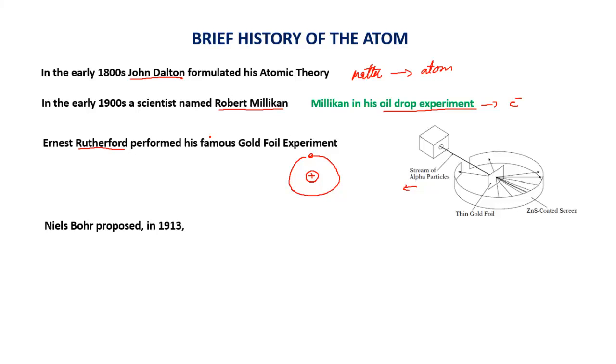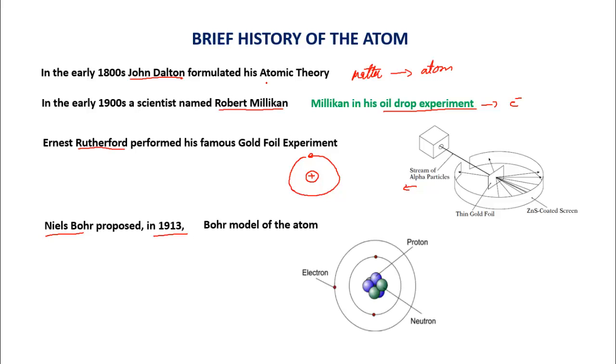After Rutherford, it was Niels Bohr in 1913 who proposed a different model of an atom, which is called Bohr's model of an atom.